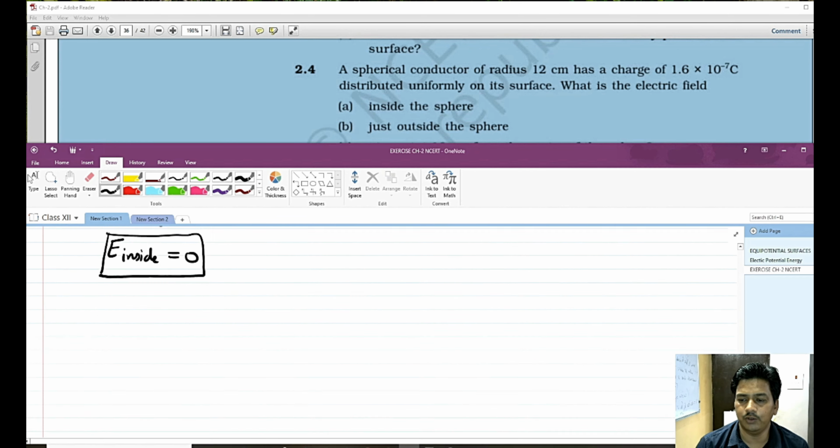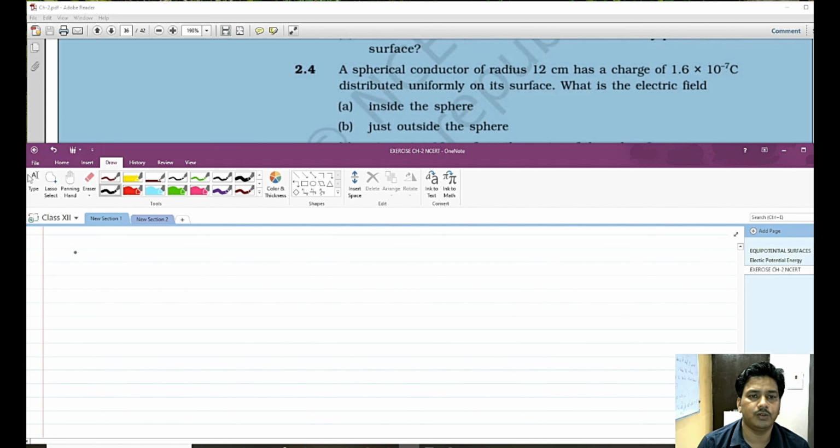Now we are going to solve question number 2.4 second part, that is part B. Just outside the sphere means the value of small r is approximately equal to capital R. Now what is the formula of electric field?